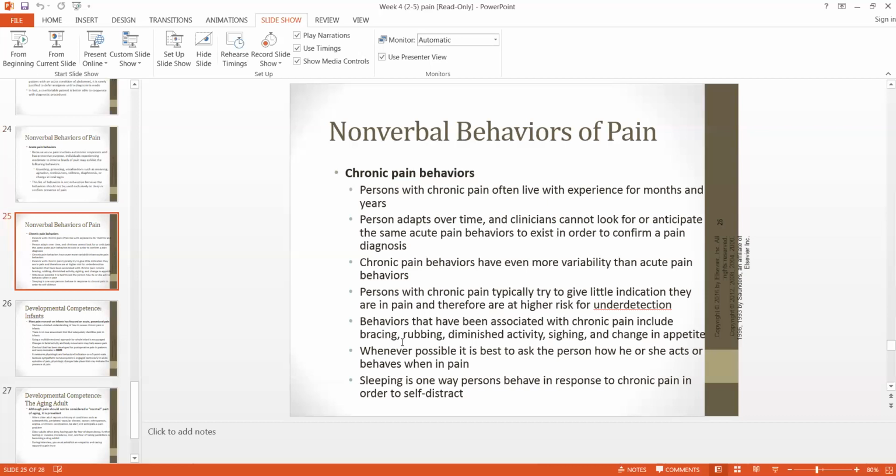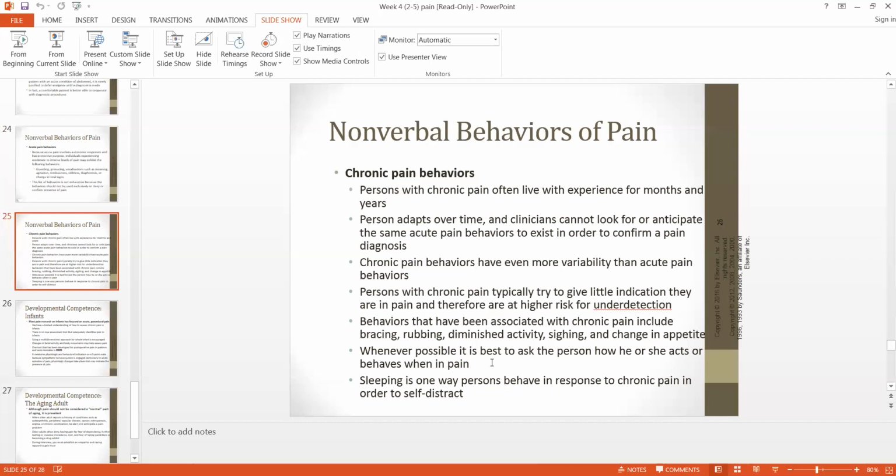Therefore, with pain over a month, you're going to see loss of body mass. They're going to lose weight, look a little thinner, and their face may be a little more gaunt. They're not eating as much, and that's a really long-term cue that they've been in pain. When possible, it's best to ask the person how he or she acts or behaves when in pain.